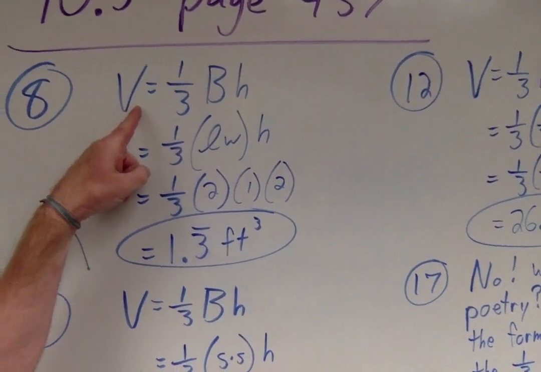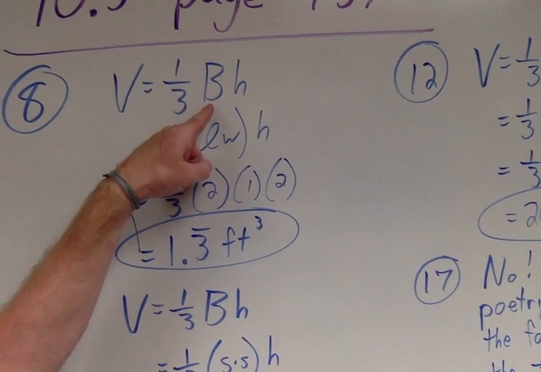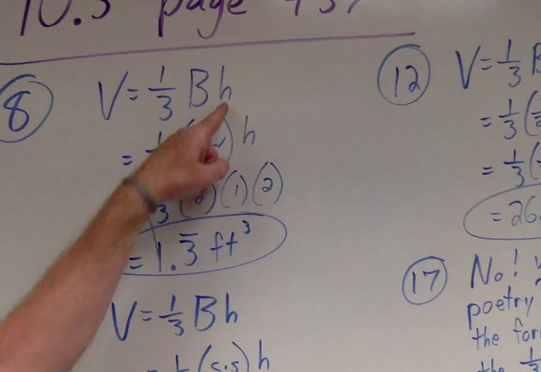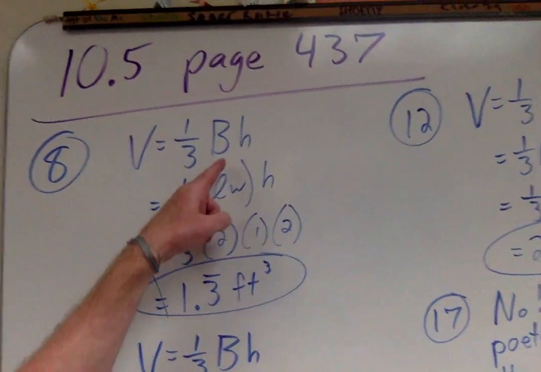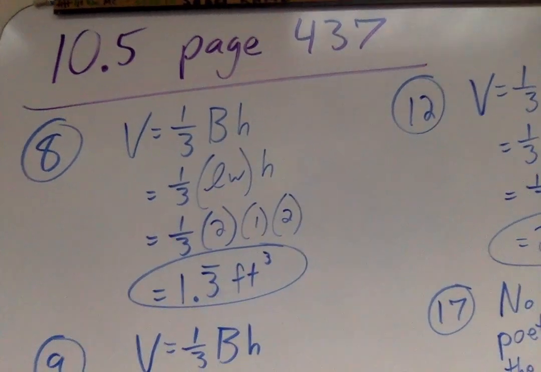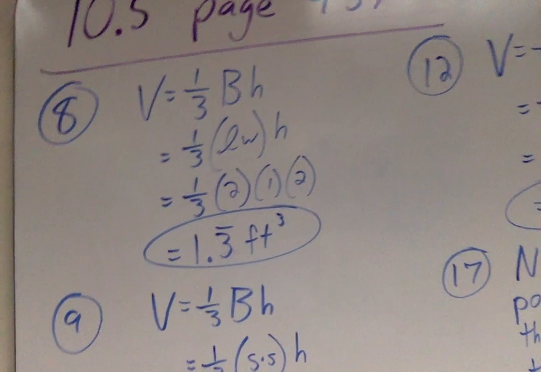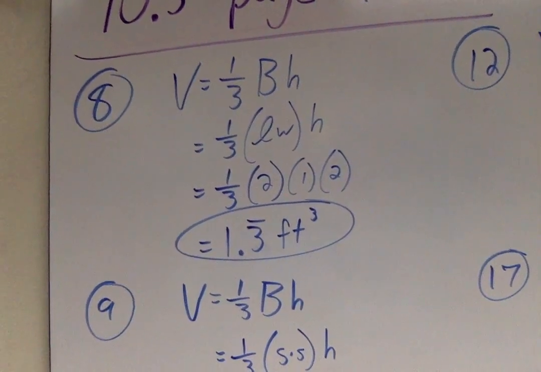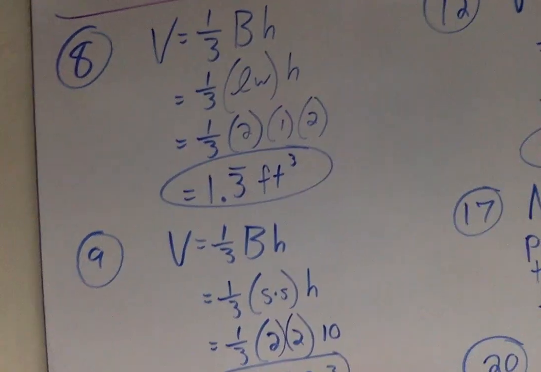To find the volume of a pyramid, it's 1/3 times the area of the base. Remember, that's what that capital B stands for. And now lowercase h, that's your height of the pyramid. I replaced my capital B with length times width. That means it must have been a rectangular base. I replaced each variable with its values, and I got 1 1/3 feet cubed, otherwise known as 1.3 repeating.